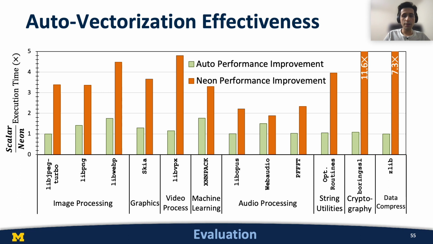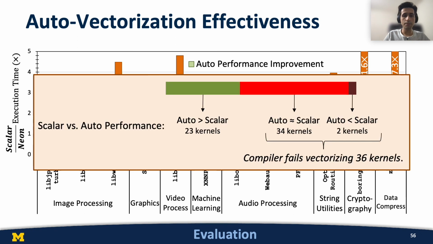This chart compares the performance of auto-vectorized scalar kernels with explicitly vectorized ARM Neon kernels. Neon, on average, outperforms auto-vectorization by 3.7 times. We observe that auto-vectorization only improves the performance of 23 scalar kernels. In other words, compiler vectorization fails in 36 scalar kernels of Swan benchmark suite.